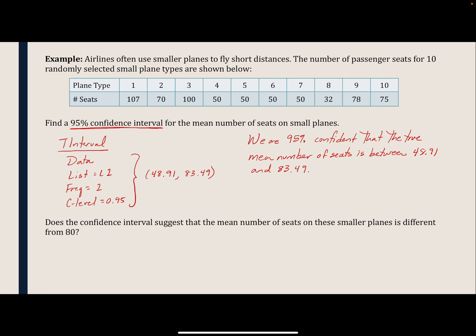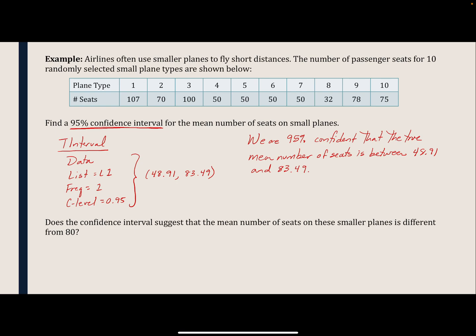Notice that 80 is in this interval. So while it's still plausible that we have a different mean number of seats than 80, we could have a mean number of seats of 50. It's in this interval. But our specific sample that we found does not provide evidence that the mean number of seats is different from 80, because 80 is in this interval.